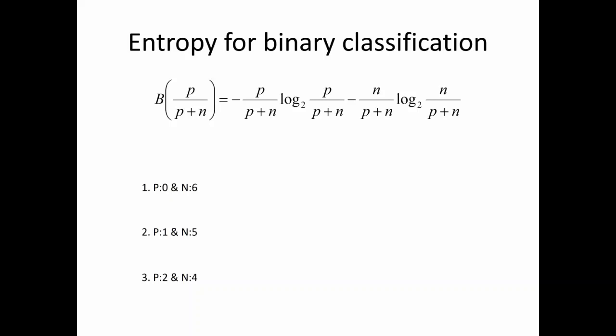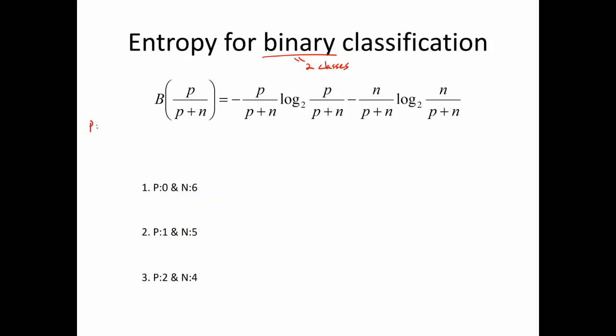Let's consider a binary classification example. Binary classification, again, means there are two classes. From the perspective of computing entropy for a random variable, imagine a case where the random variable only has two possible values.